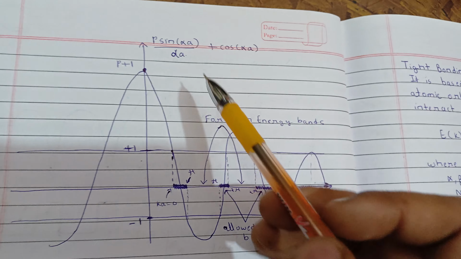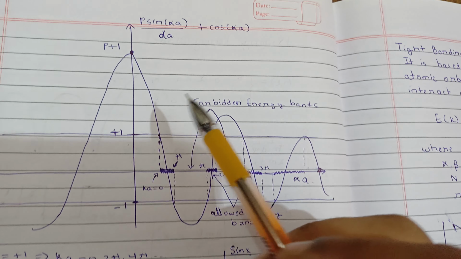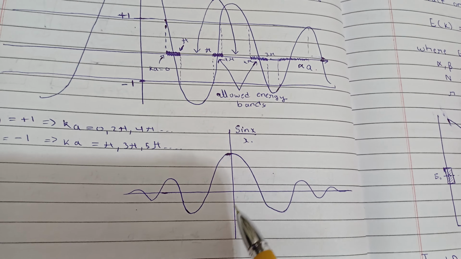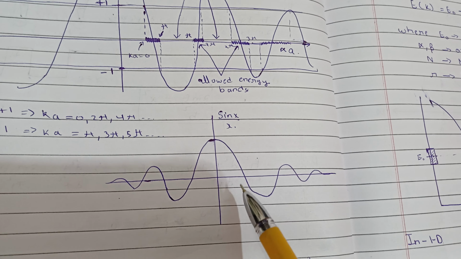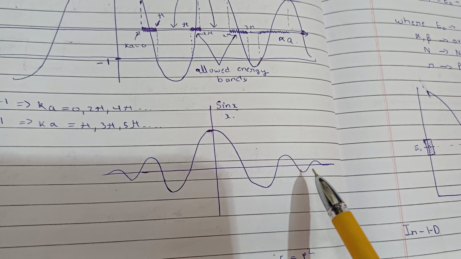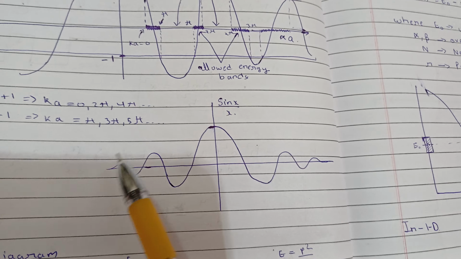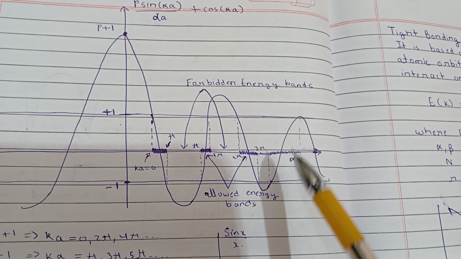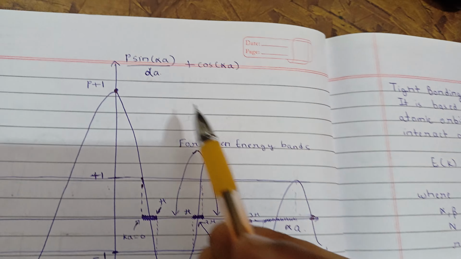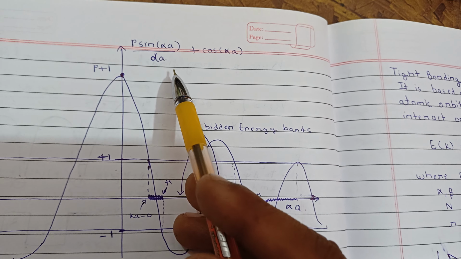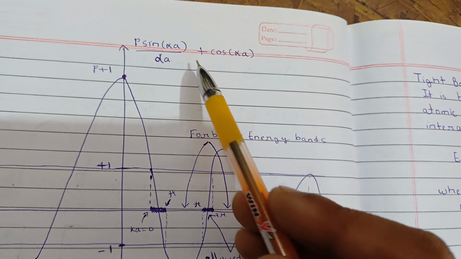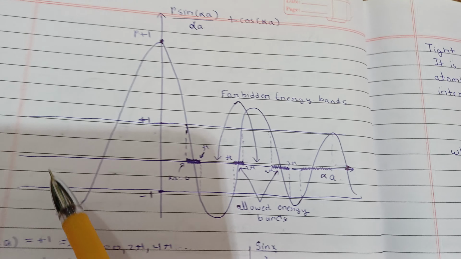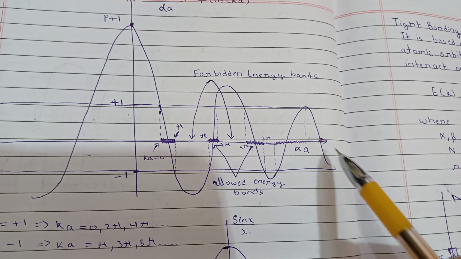First, you should know the plot of sin x by x. Sin x by x can be plotted like this, and it damps down and tends to 0 on both sides. So I just plotted this big one like this. This is for sin alpha A by alpha A, but here we also have the factor cos alpha A. It is a simple wave like this.